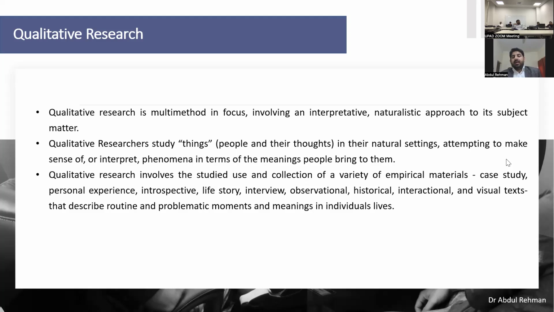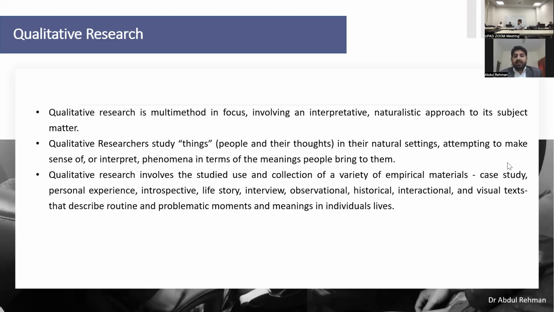What does it mean by naturalistic approach? It means that while doing the qualitative research, we go into the environment in its natural setting, how it is. So we observe it, we interact with it, and by interacting with the society in its natural manner, we extract the information from the natural settings.